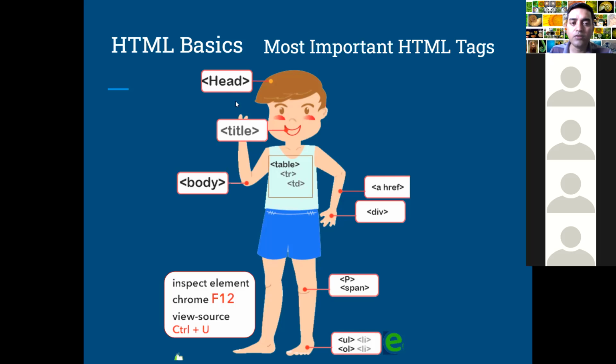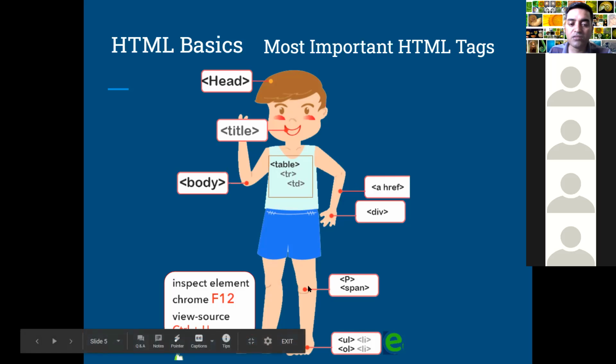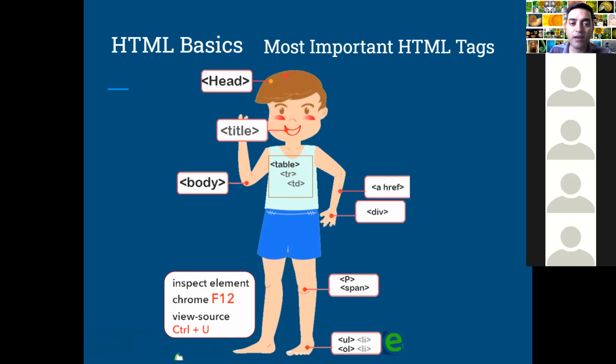Okay. So see, this is the head tag where essentially we have our brain, right? Inside an HTML page, we have a head section where essentially we don't have any body parts as such, like hands, legs. These different parts do different things, but the entire body is controlled by our brain.